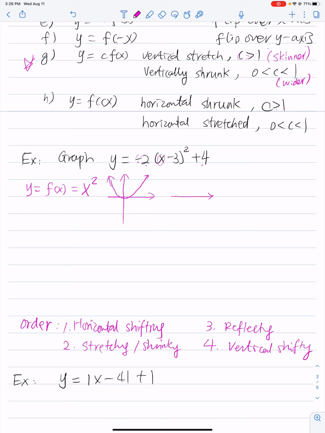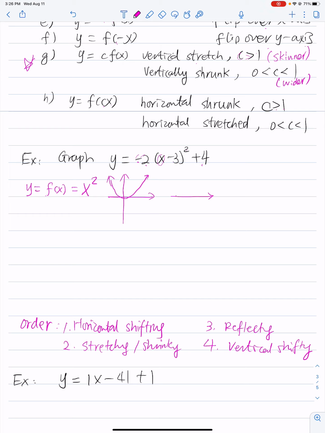Okay, so it's similar to PEMDAS. Like you have to do the parentheses first and all the others follow these steps. Okay, so what should we do? Horizontal shifting.